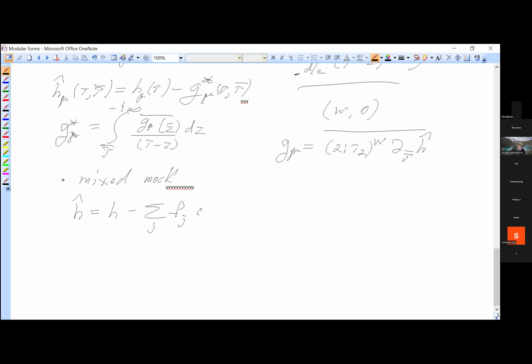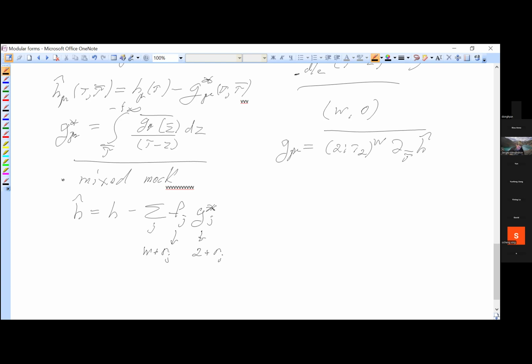Namely, you can write like this: J, and this star means the Eichler integral as defined here. Then you say that this one has the modular weight 2 plus Rj, and this one has the modular weight W plus Rj. And then you can see that the total weight is the correct one.